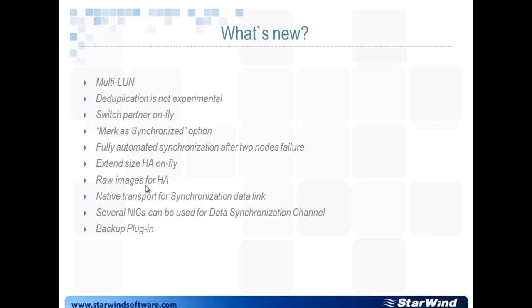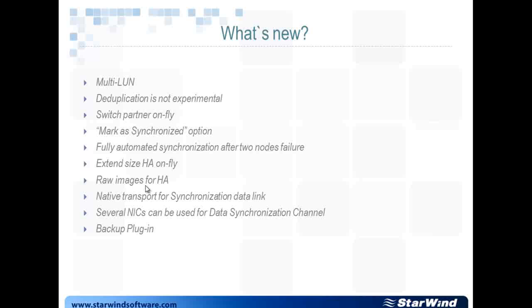Raw images for HA is the next point in this list. And what is it? Well, that means that you can use an image file that was previously created for a basic image file target to create the HA a little bit later.